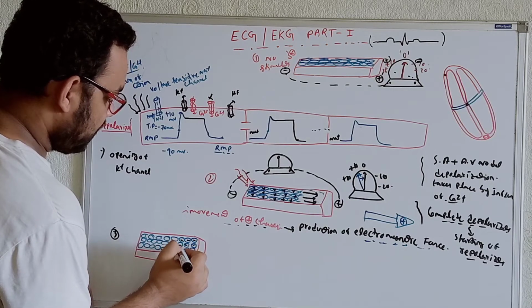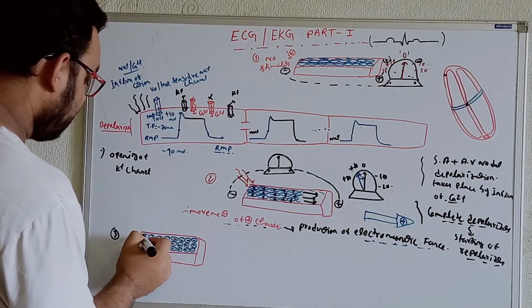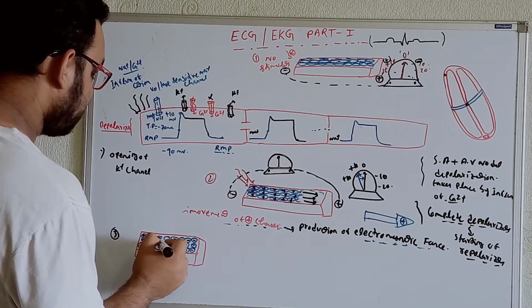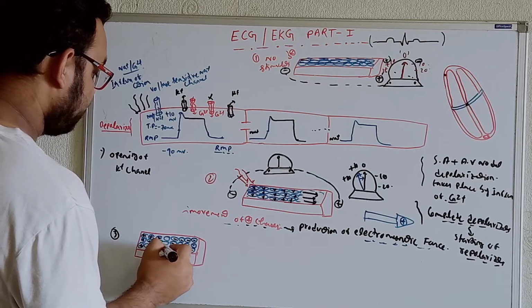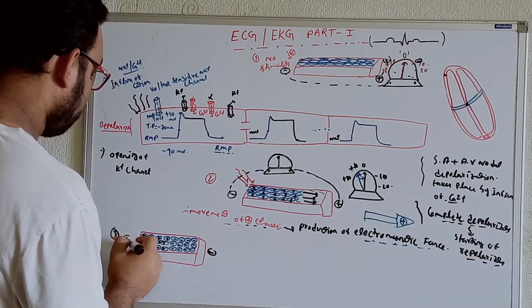And some of the cells I am representing with the positive sign. That means we are getting the starting of the repolarizations from this end. This is the negative end, this is the positive end over here.